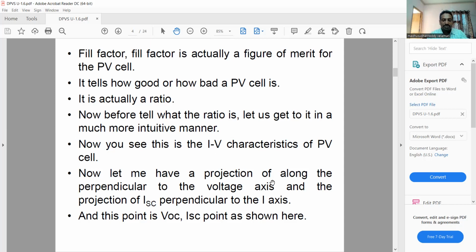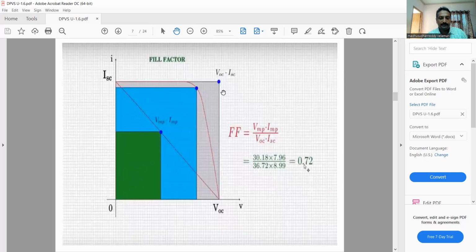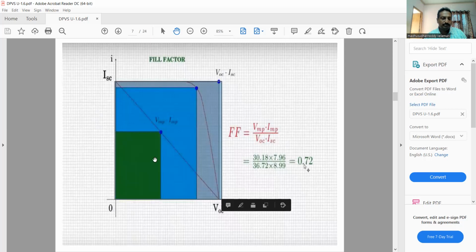Now let me have a projection along the perpendicular to the voltage axis, and the projection of ISC perpendicular to the I-axis, and the points VOC, ISC as shown here. So fill factor is nothing but VM into IM divided by VOC into ISC. For example, already I told you, this is the bad characteristic. Let me go over here.